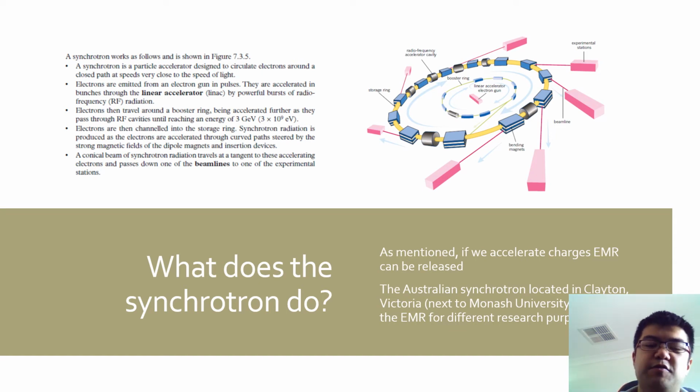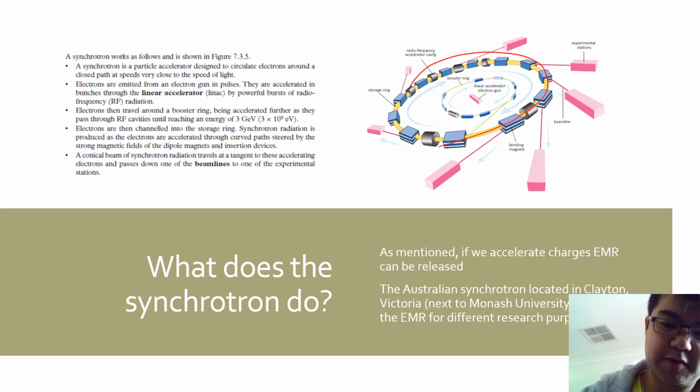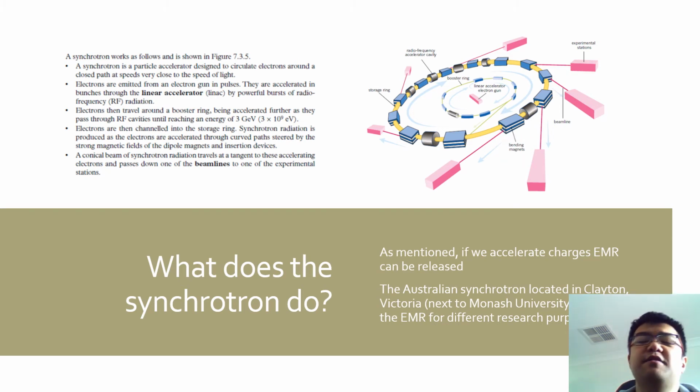What you do is you firstly shoot an electron that goes into this belt, and then it spins around, and you might notice there are these bending magnets. These bending magnets basically speed it up, right?